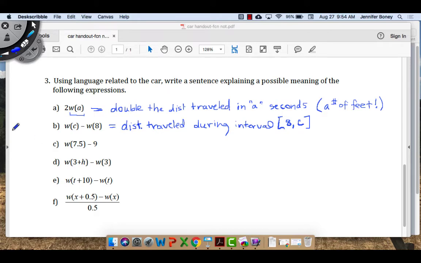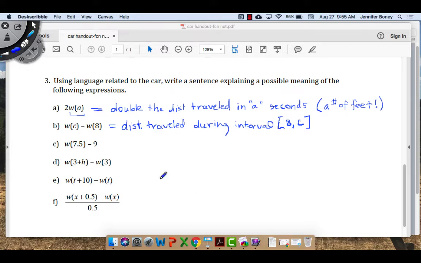Now, this next one kind of looks strange, but suppose this is a math statement that makes sense of some sort or another. W of 7.5 minus 9. The change in distance traveled in 7.5 seconds from the original 9 feet.